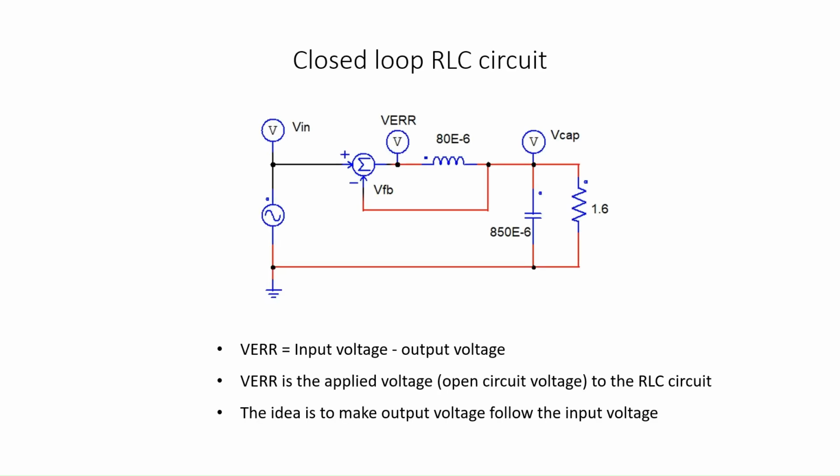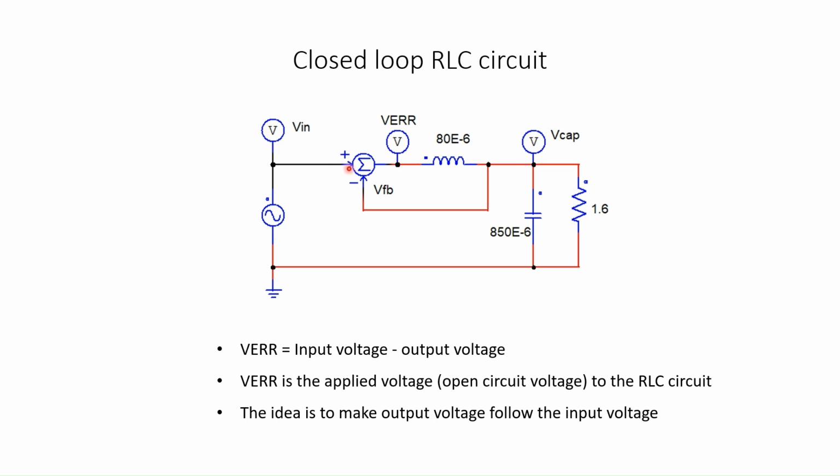Now with this knowledge, let us go to the feedback control. Here there is an LCR circuit, and the capacitor voltage is fed back, and this is the reference voltage applied to the sum terminal.